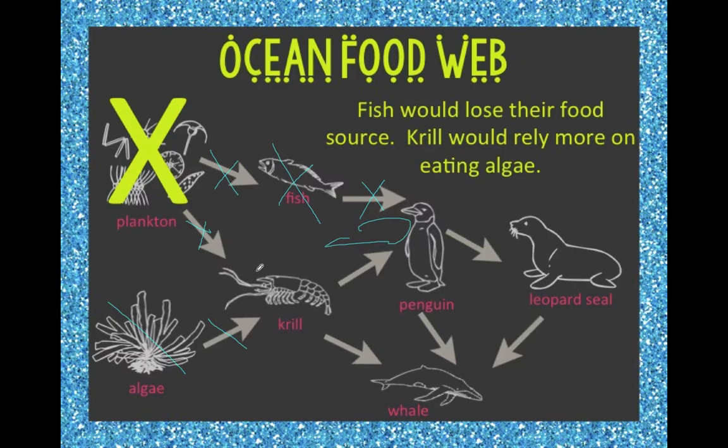The number of krill are going to decrease, which means that the whales are going to have a decrease in one of their forms of energy, and then the krill, not being as plentiful, will decrease the energy to the penguins. So it's a domino effect. You do one thing, and it's going to affect everything in this web.